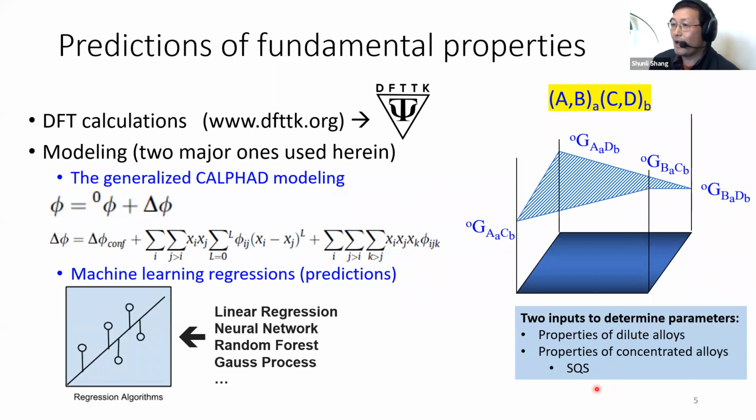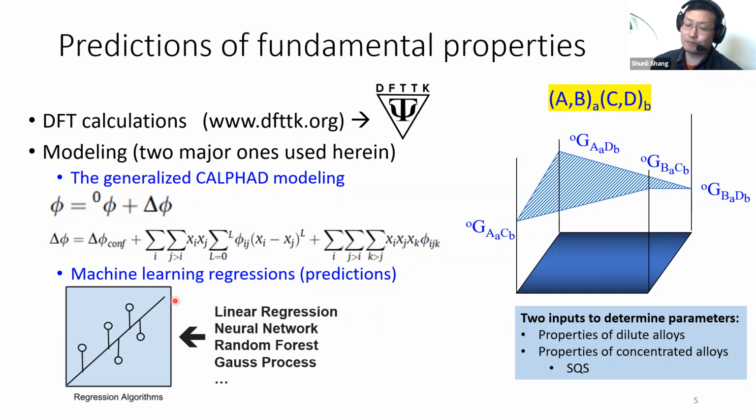And we also need the properties for the concentrated alloy. For this one we want to use the SQS, which means the special quasi-random structure. I will give more detail in the following slides. This means the composition in the middle. If we have the end member properties, the dilute properties close to the end member, and those in between, then we can use this equation to do the CALPHAD modeling.